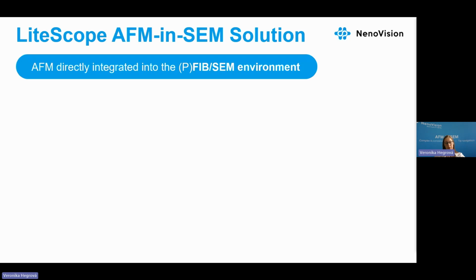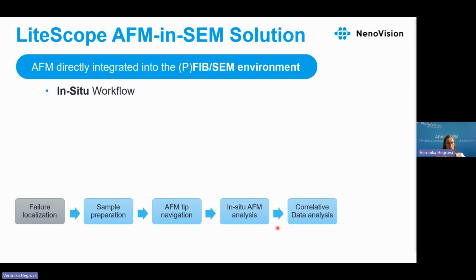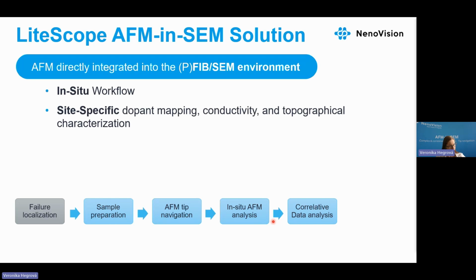So what you've just seen was the AFM directly integrated in a plasma FIB-SEM environment, which allows us an in-situ workflow from when the failure was localized, so we can prepare the sample to this failure. Then we navigate the tip and analyze in-situ with AFM, which means dopant mapping, conductivity, and topographical characterization.